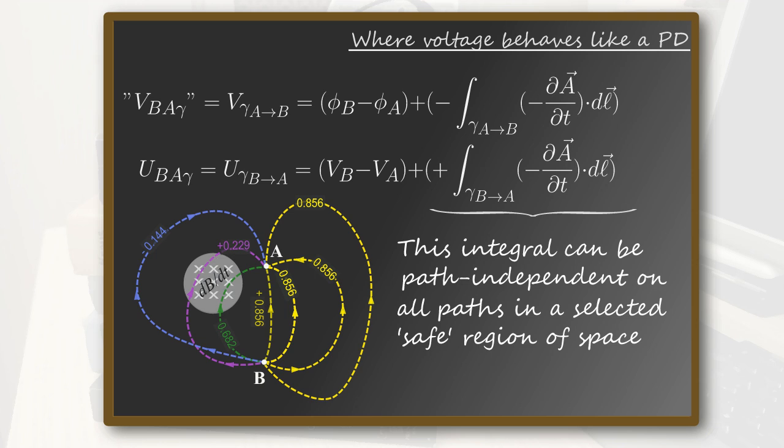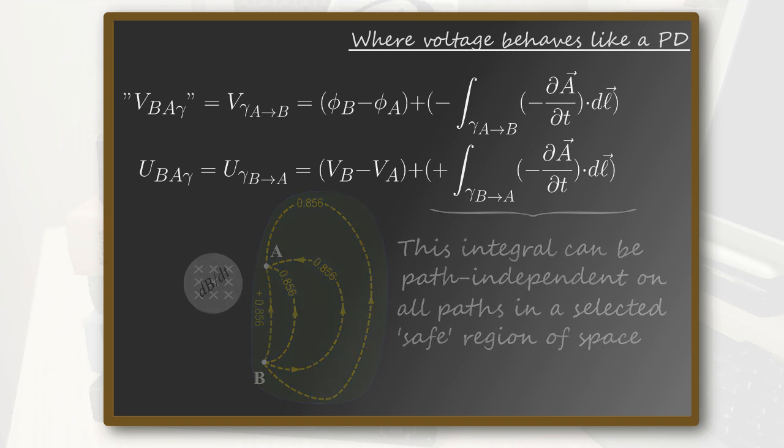The integral inside these parentheses can be path-independent on all possible paths belonging to a selected safe region of space. Whether this is the case or not depends on the presence or absence of a time-varying magnetic field in the area of interest.